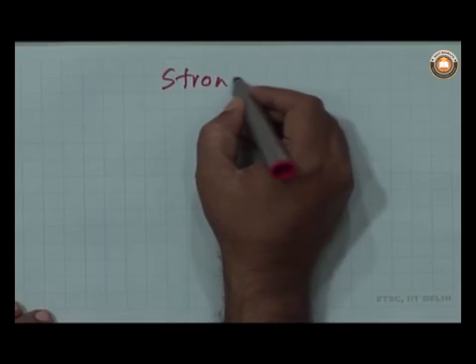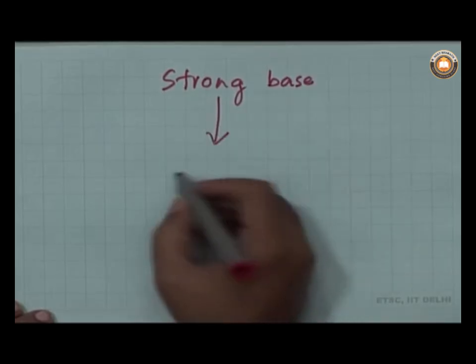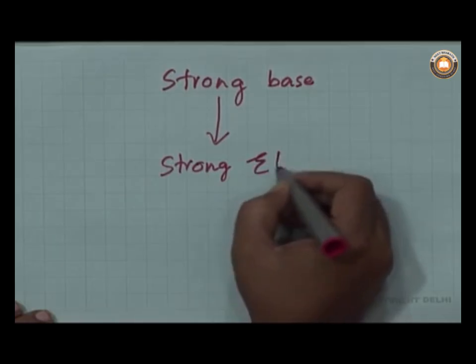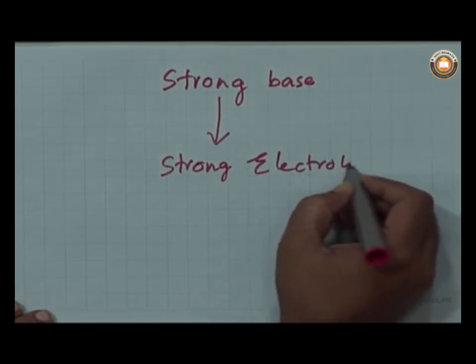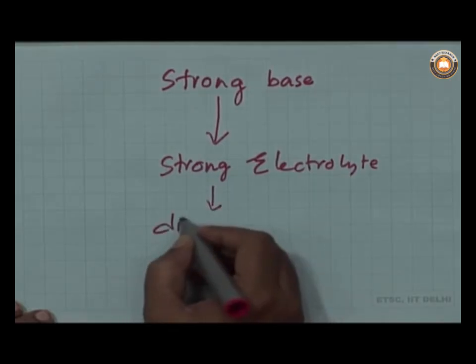Similarly, we have strong base. Again, a strong base is a strong electrolyte, and so it dissociates completely.